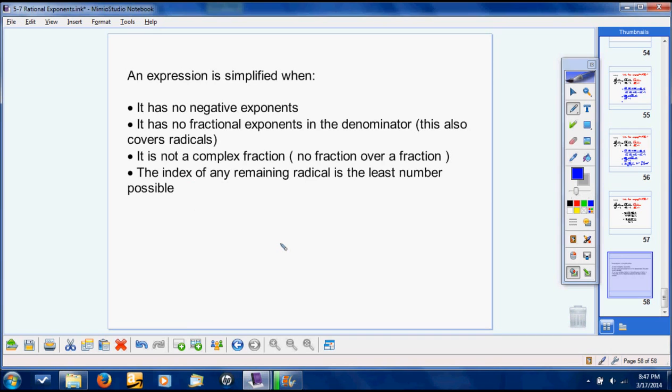So let's all write that down. An expression is simplified when it has no negative exponents, it has no fractional exponents in the denominator.